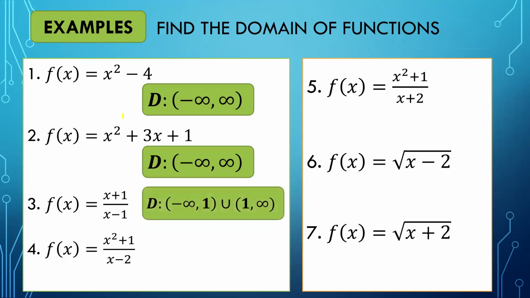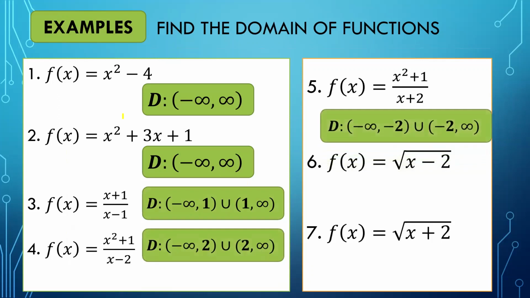The next, for 3, 4, and 5. For number 3, it is from negative infinity to 1, union 1 to positive infinity, since the moment x is equal to 1, the given expression will be undefined.